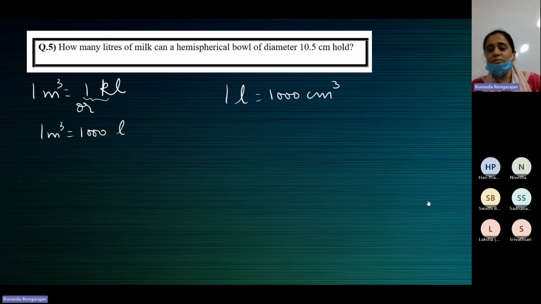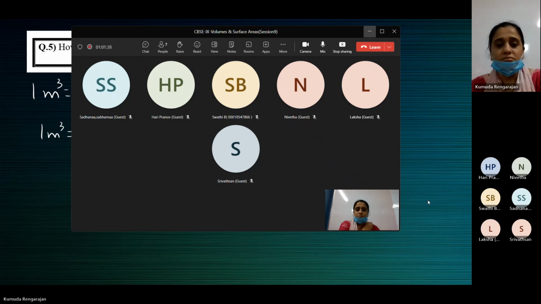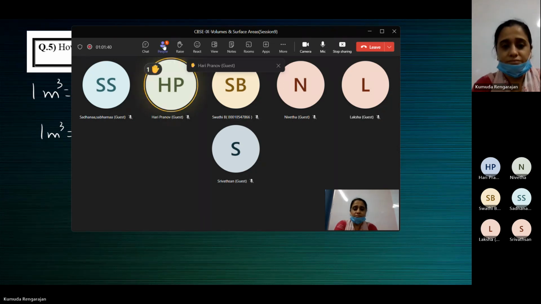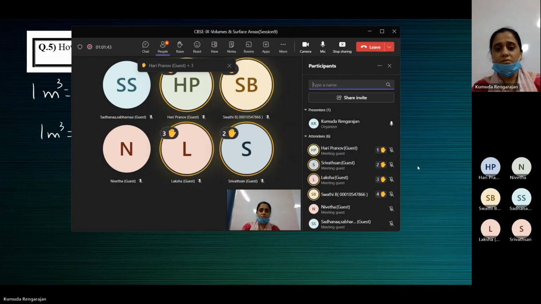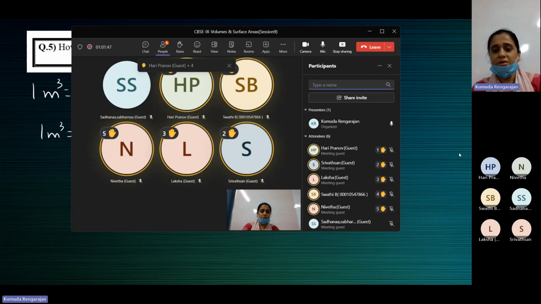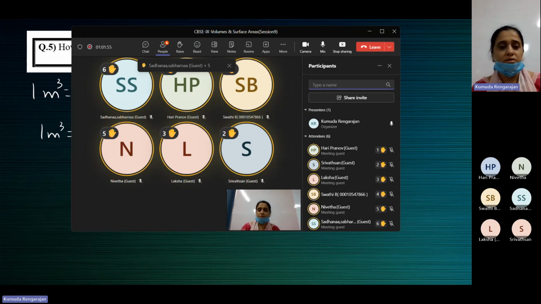Yeah, online students, use the emoji, raise your hand. Hari Pranam, Srivatsan, Laksha, Swati, Niveda, Sadhana, and Sabani. Why has Aniruddhan not come?